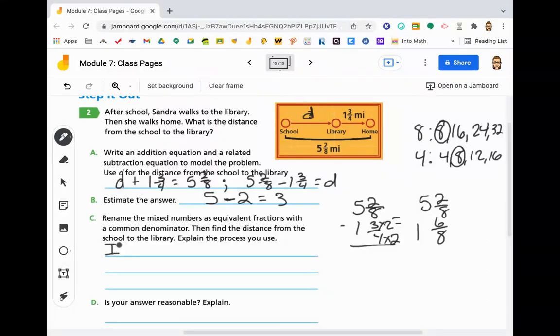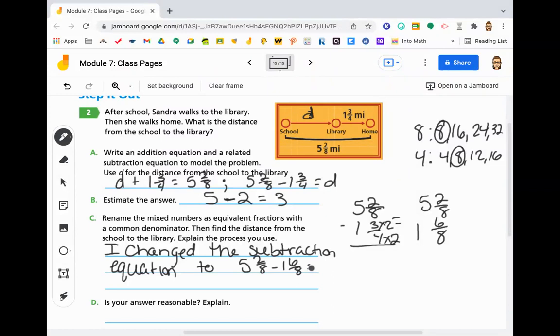So here I changed the subtraction equation to 5 2/8 minus 1 6/8 equals D. So now we have to subtract.